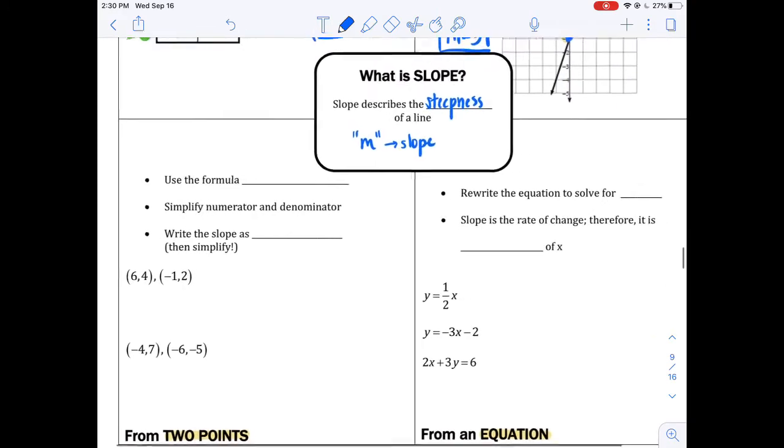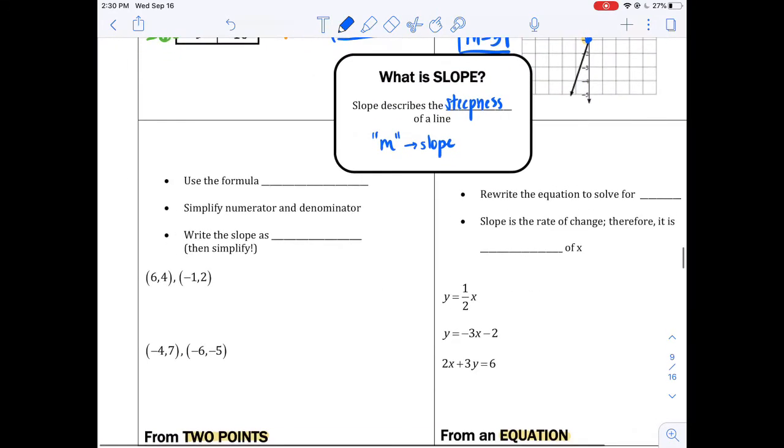Another way to calculate slope is if we're given 2 sets of points. So this formula may and should look familiar. We're going to use the formula m equals. Now remember, it's rise over run, so we're going to use the change in y over the change in x. Okay, and you'll notice that I use x sub 2, y sub 2, x sub 1, y sub 1, and those just denote 2 points.